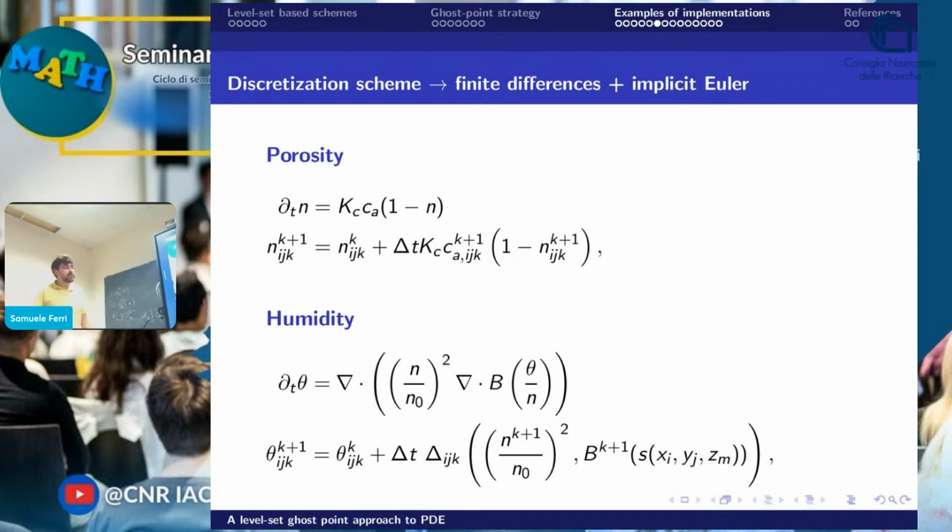To discretize this system, we use a finite difference scheme with the implicit Euler method. The first equation, with the porosity, is the easiest. For humidity, we just discretize the diffusion with this operator, which is in the next slide, and I will show you in a couple of seconds.